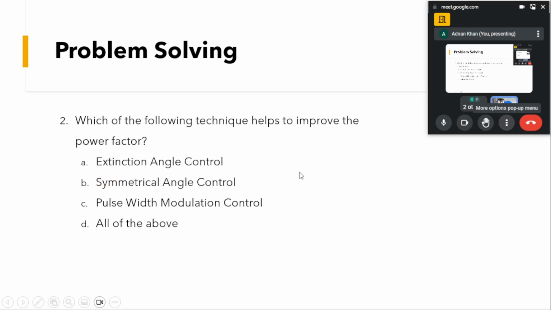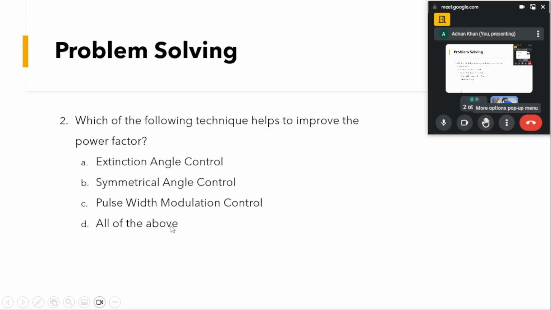Coming to the next question, which of the following techniques help to improve the power factor? There are certain techniques given here: extinction angle control, symmetric angle control, pulse width modulation control, and all of the above.